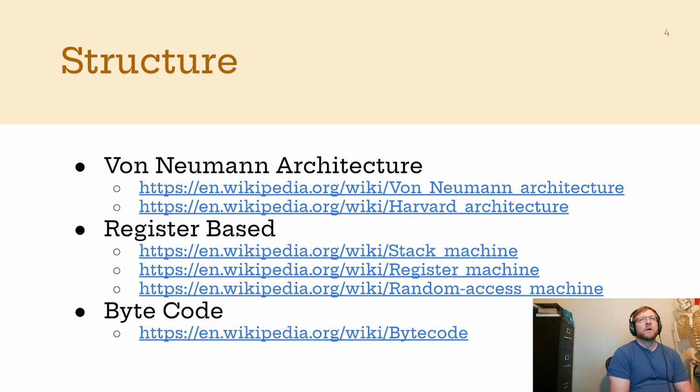We are going with a register-based virtual machine. You can have a stack machine. Java VM is a stack machine. I'm going to post a little caveat there. The Java VM was a stack machine. Now it is partly a stack machine and partly something else because a stack machine has some inherent slowness to it.